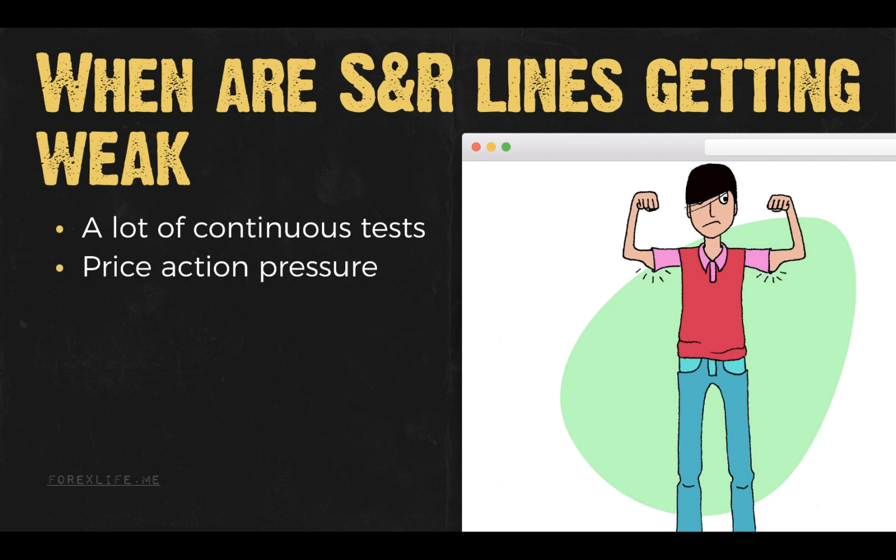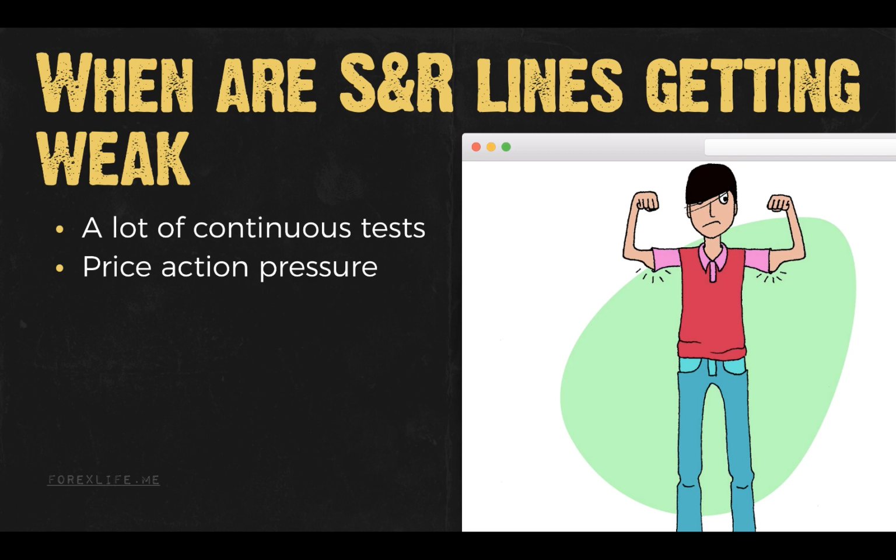The next one is price action pressure, which is a little similar. Let's say you have a support line, and then you have a test, then a high, then a test again, then a lower high, then a test again, and a lower high, and a test again, which makes a kind of triangle.